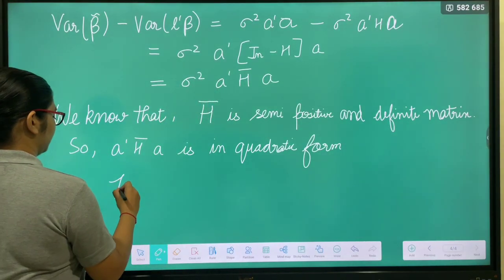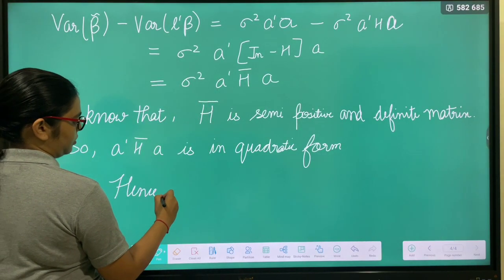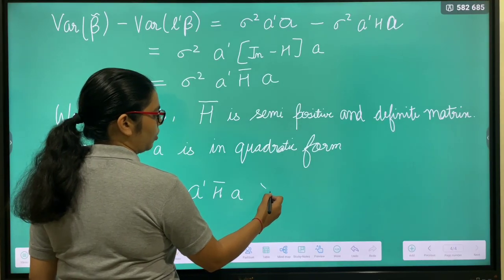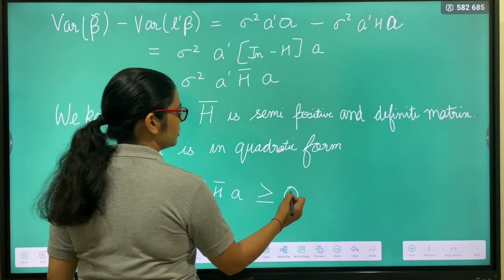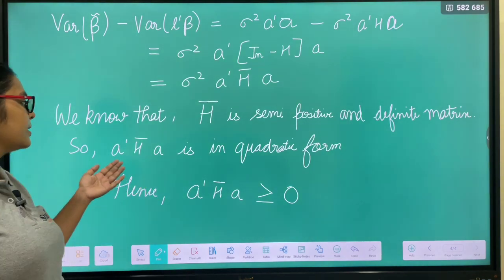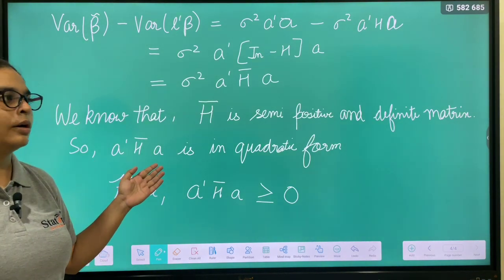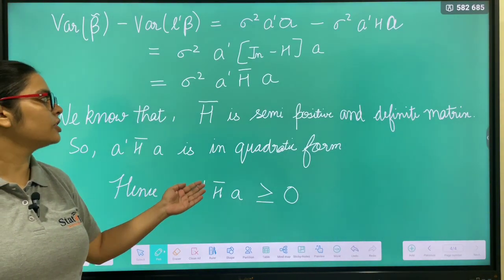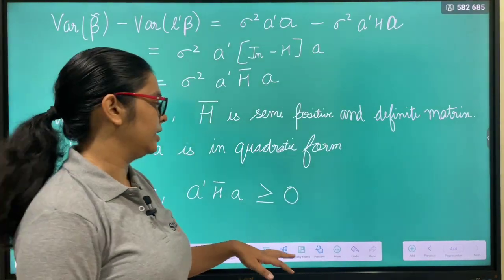Hence, A dash H bar A is always greater than or equal to 0. Since H bar is a semi-positive definite matrix and A dash H bar A is in quadratic form, we can conclude that A dash H bar A is always greater than or equal to 0.